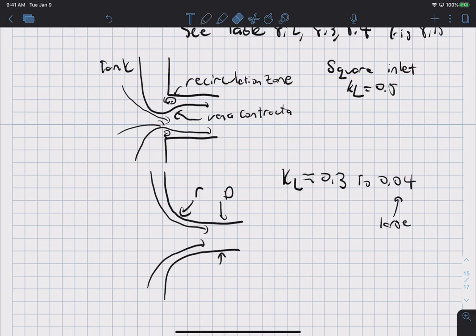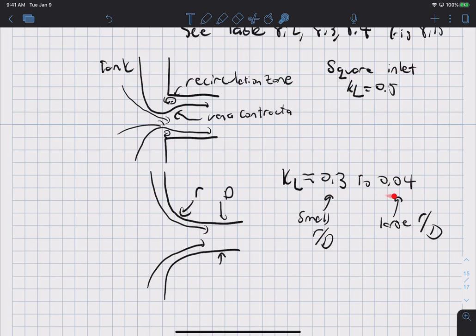And so this is large, oops, not L over D, R over D, and this is small R over D. Okay, and so here, with these ones, we have a very small radius of curvature, which means we are approaching the square corner limit.